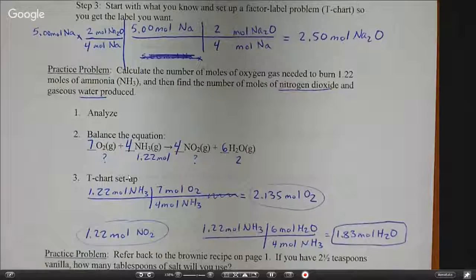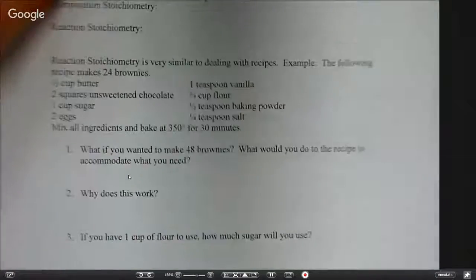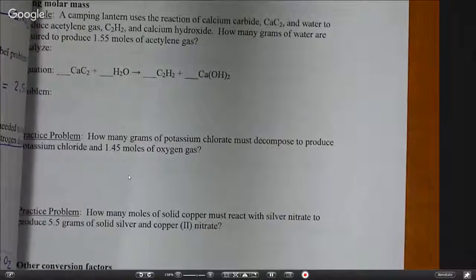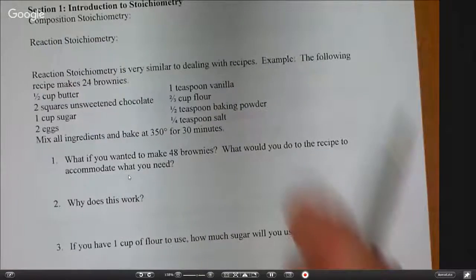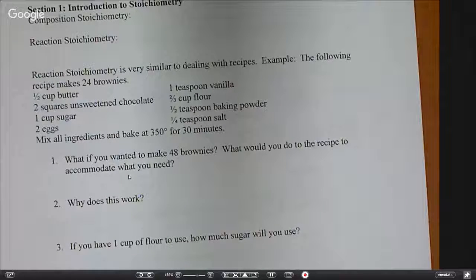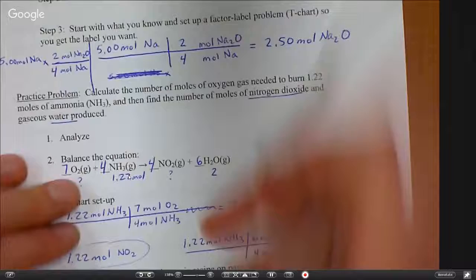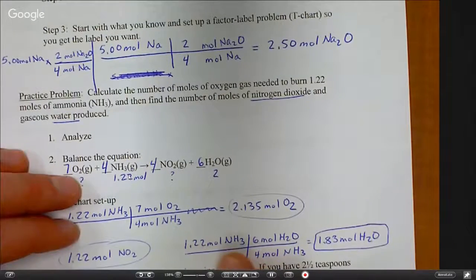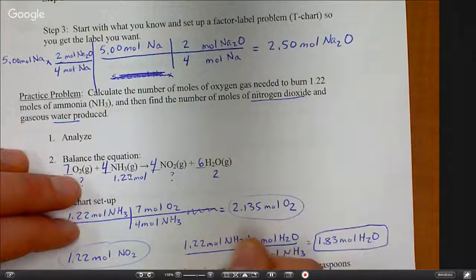So let's refer back to our recipe. Teaspoons, so vanilla and salt. Vanilla is 1 teaspoon, salt is 1/4 teaspoon. All right, so for every one teaspoon of vanilla, there is 0.25 teaspoons of salt.